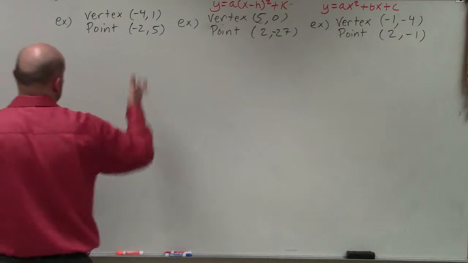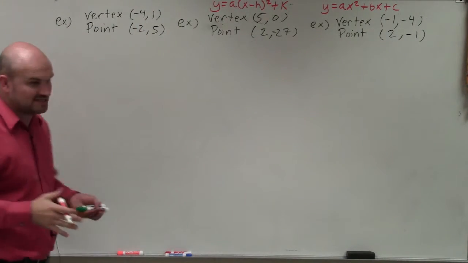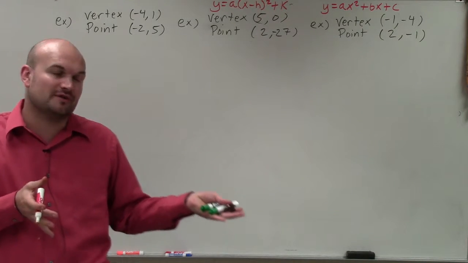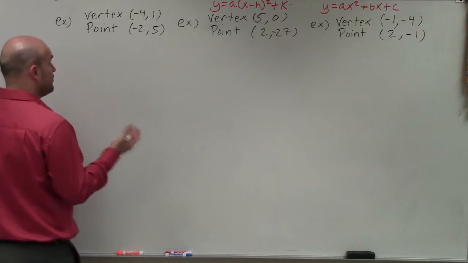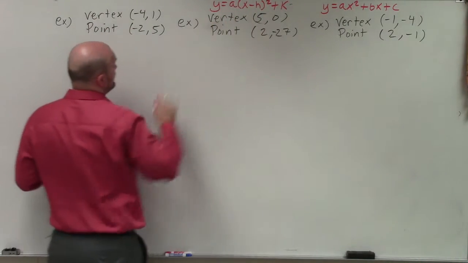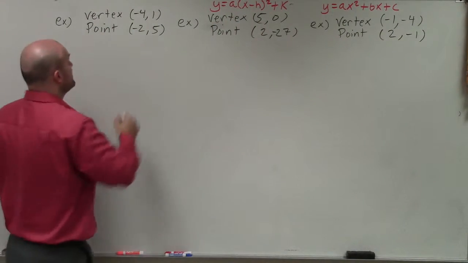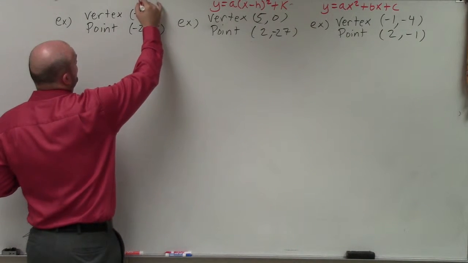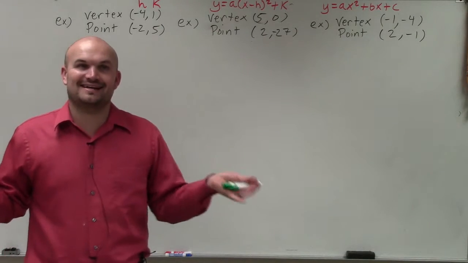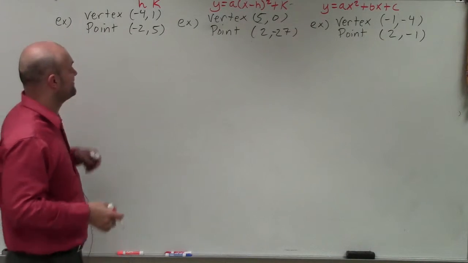All we're given is the vertex and a point. To understand how to write the equation of the parabola, we need to understand what information we're given. Remember, when we're discussing a vertex in vertex form, we represent the coordinates of our vertex as h comma k. Hence, with vertex form you can identify the vertex.